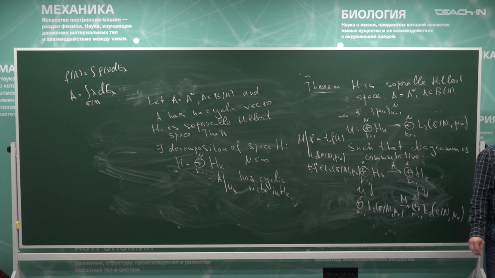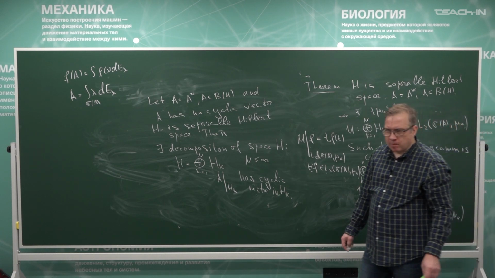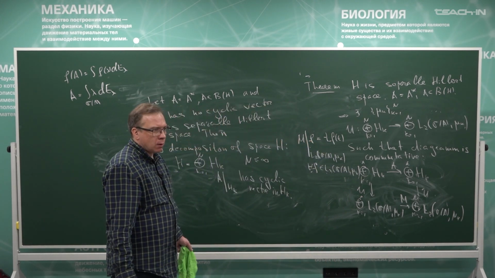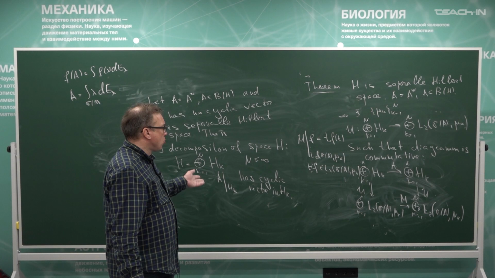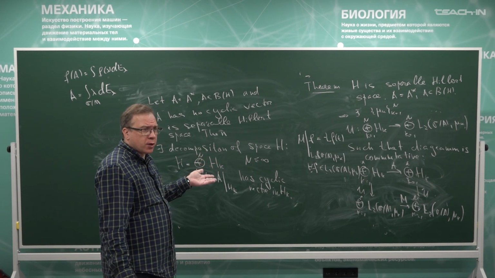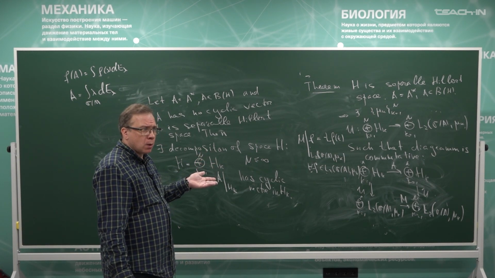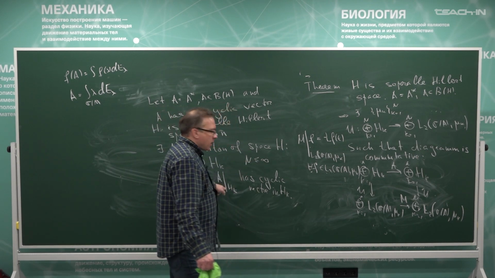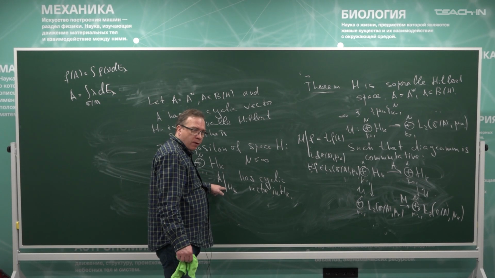Okay? And again, the proof repeats the previous theorem. By this theorem, we know that each reduced operator has a cyclic vector.